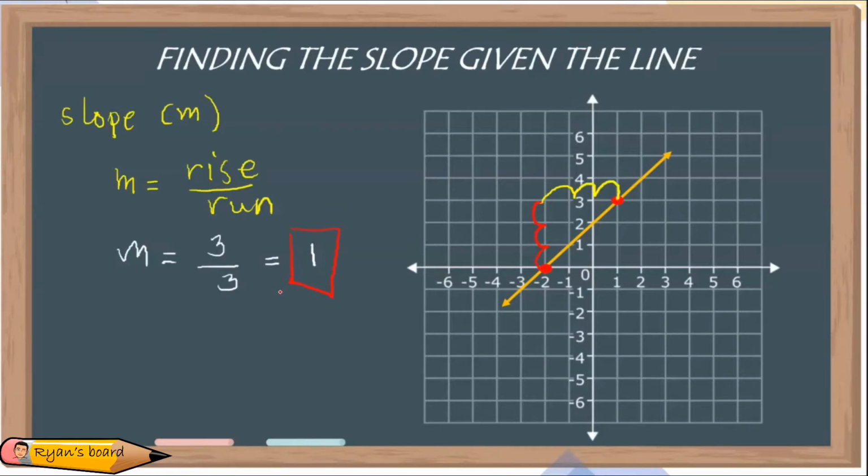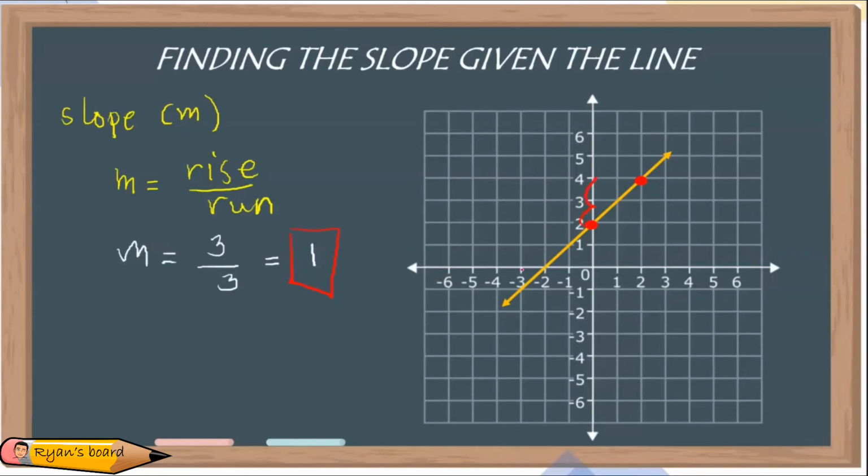Okay? Now, how about kung hindi ito yung mga points na pinili mo? Mamili ka ng iba. Sige, let's try. Let's say, etong point na to, tsaka yung point na yan. Let's check if we get the same answer. Sige, bilang natin yung rise. So, 1, 2.